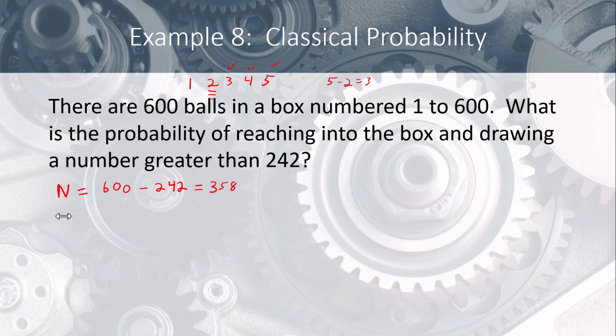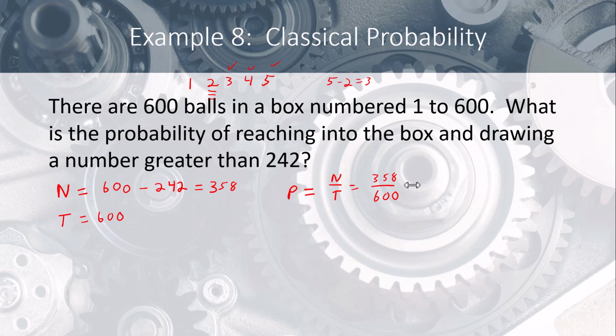What is the size of our sample space? Well, there's 600 balls, so t is equal to 600. Okay, so the probability of reaching in and drawing a ball whose number is greater than 242, I'm just going to write that as p for the time being, is going to be n divided by t, or 358 divided by 600.